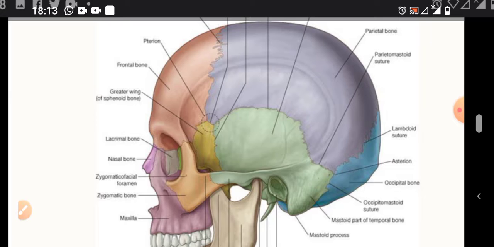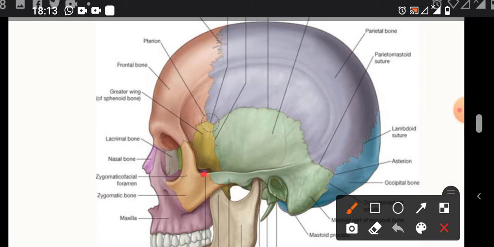The zygomatic arch is basically a horizontal bar on the sides of the head in front of the ear. Here is the external acoustic meatus, and the external ear will be present over here.